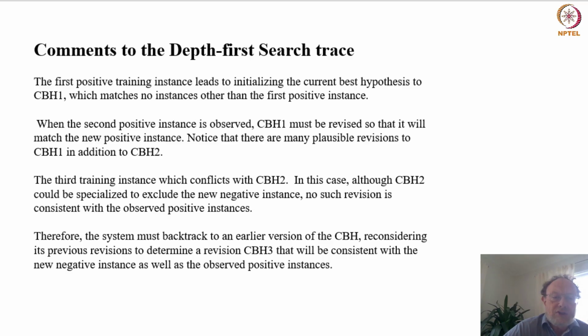So now we got the CBH2. After these two positive examples comes a third training instance, which is negative. And being negative, it conflicts with CBH2. In this case, although CBH2 could be specialized to exclude the new negative instance, no such revision is considered with the earlier observed positive instance that we already looked at.